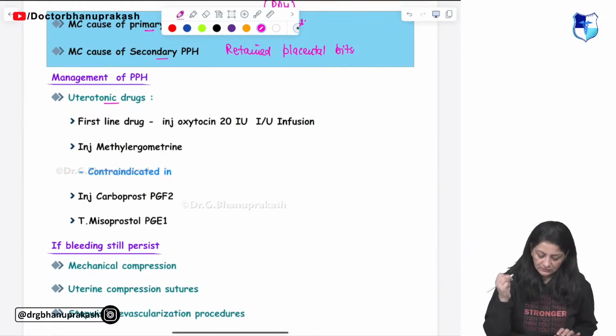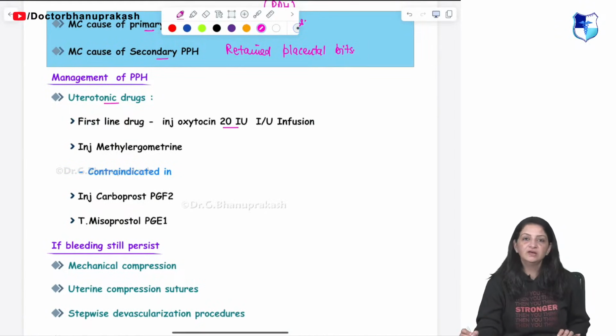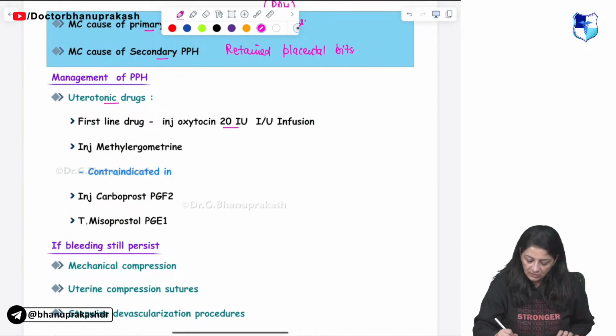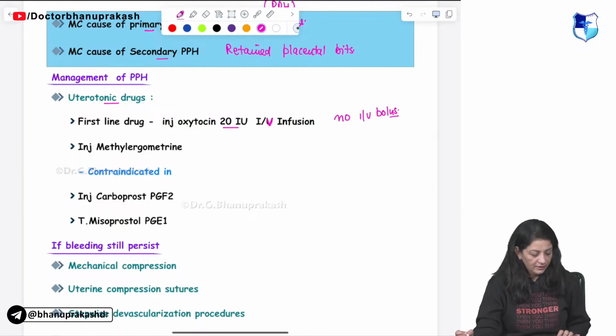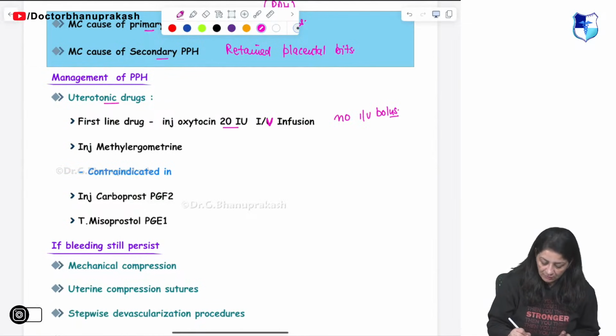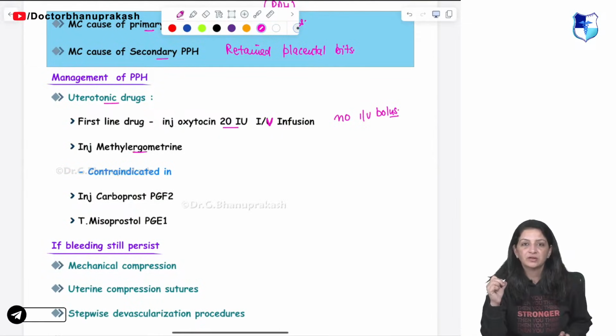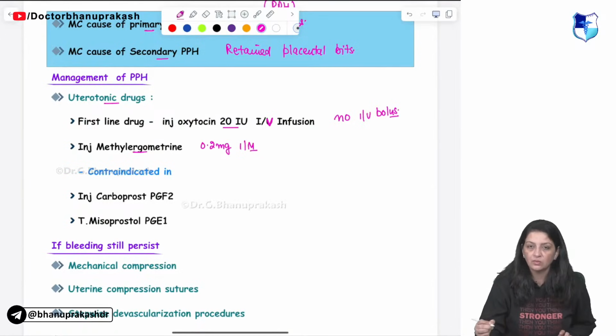Uterotonic drugs. First line drug, oxytocin, 10 international units, IV infusion. No IV bolus. It will cause cardiac arrest and hypotension as side effects. Second drug, methylergometrine, 0.2 milligrams intramuscular only.